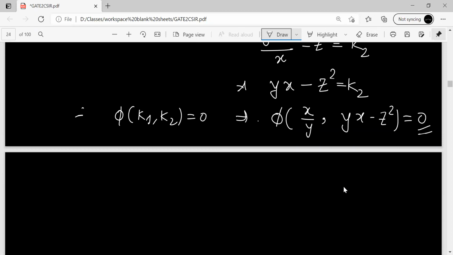Okay, so let us consider solving one more problem. So this time again, you can pause the video and try this one. If you did not succeed finding the solution to the previous problem, then you can try this one.